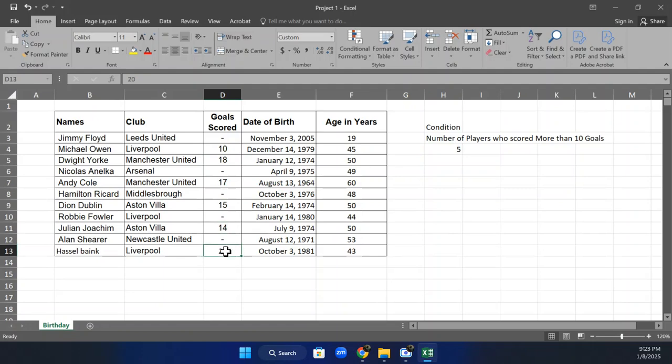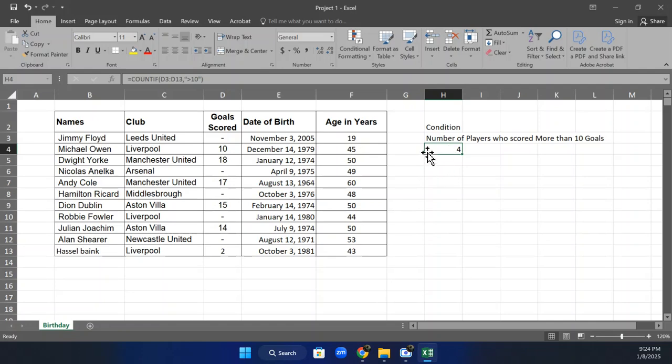If this one, maybe his goals were 2 but it was a typing error, when we put 2 here, you see the number would fall to 4. So basically that is it.